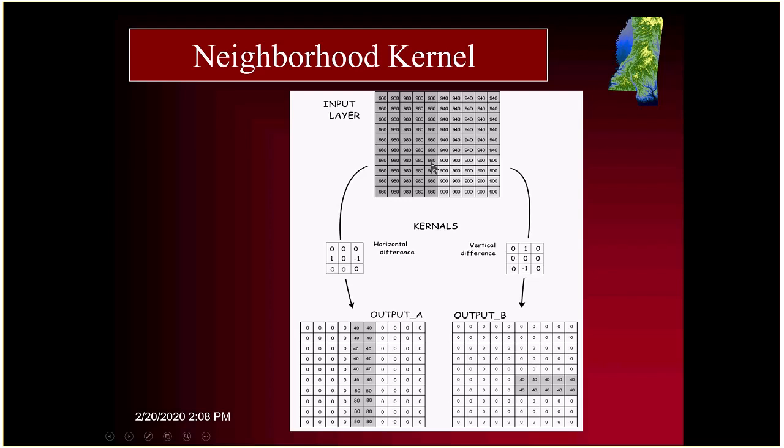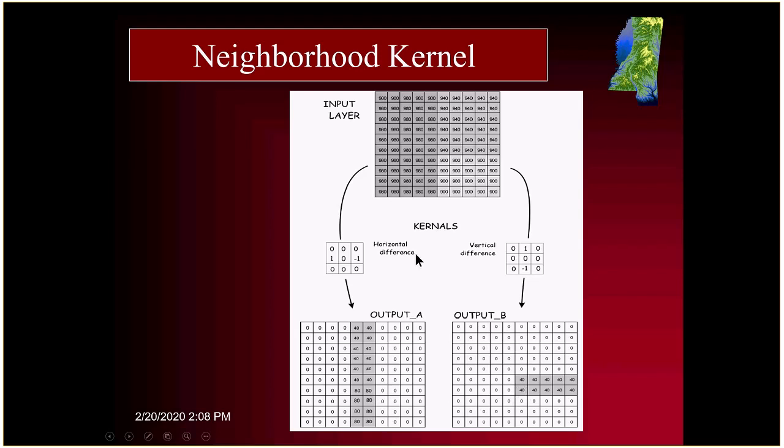The difference there is 80. This kernel has produced a difference of 80 for that cell. Also, if you look in this direction, the value is 940 and 900, and so that's a difference of 40. So in this output raster, we get a value of 80. In this raster, we get an output value of 40.